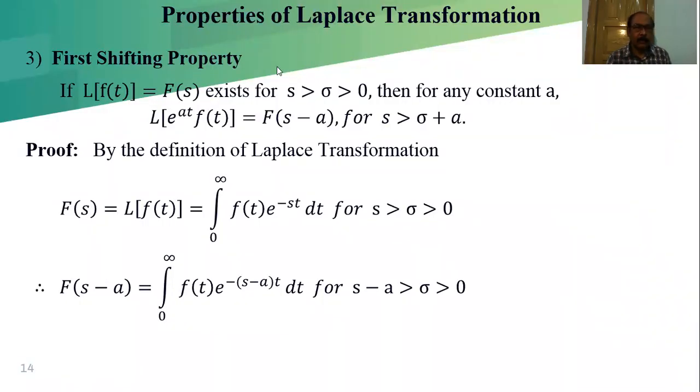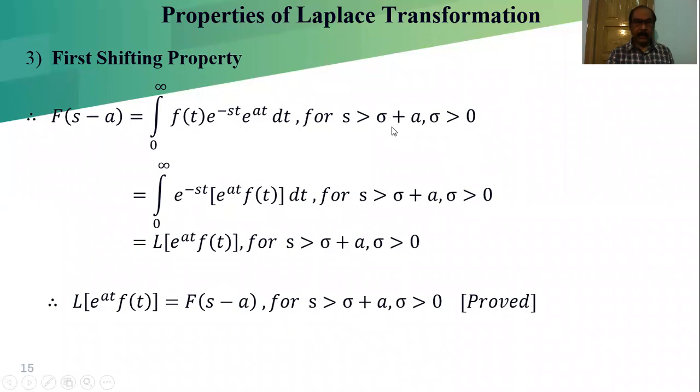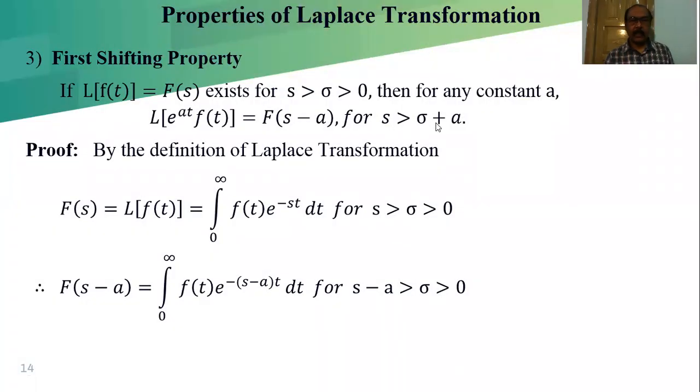First shifting property. Previously we learned the scale change. Let the Laplace transformation of f(t) equal F(s). If the Laplace transformation of f(t) equals F(s) exists for s greater than sigma, sigma greater than 0, then for any constant a, the Laplace transformation of e to the power at f(t) equals F(s minus a) for s greater than sigma plus a.